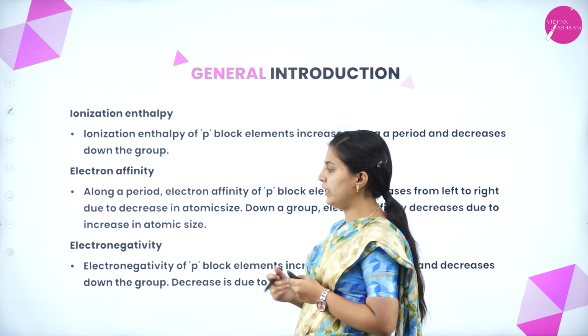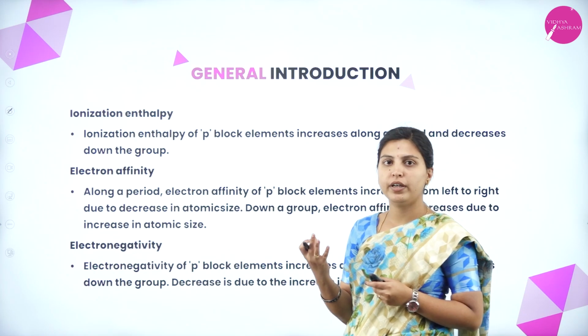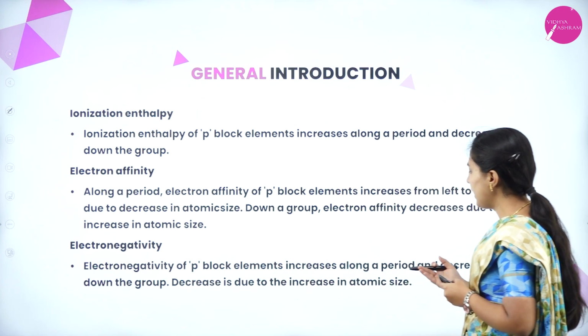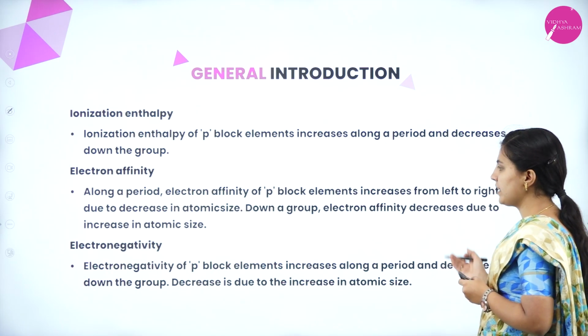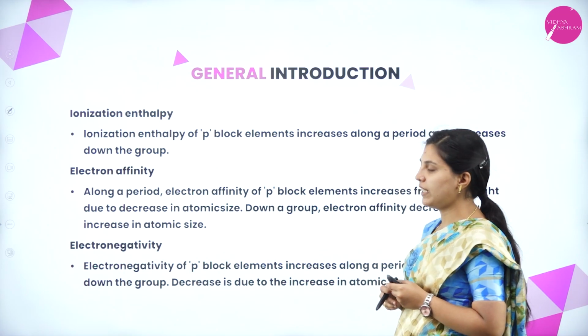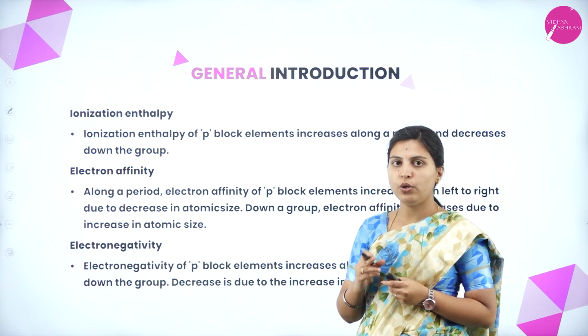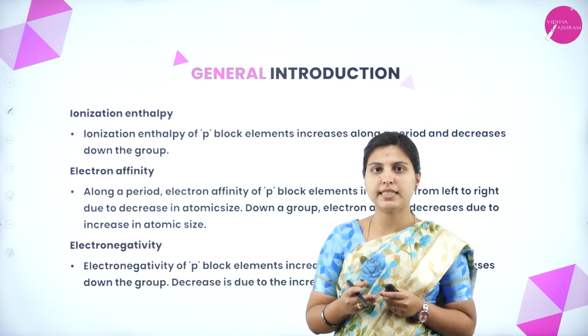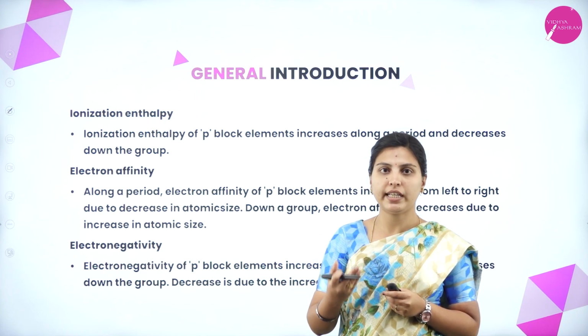Next, electronegativity, the pull of electrons. Electronegativity of p block elements increases along a period and decreases down the group. The decrease is due to the increase in atomic size. We know one concept: from left to right, size decreases but electronegativity increases.